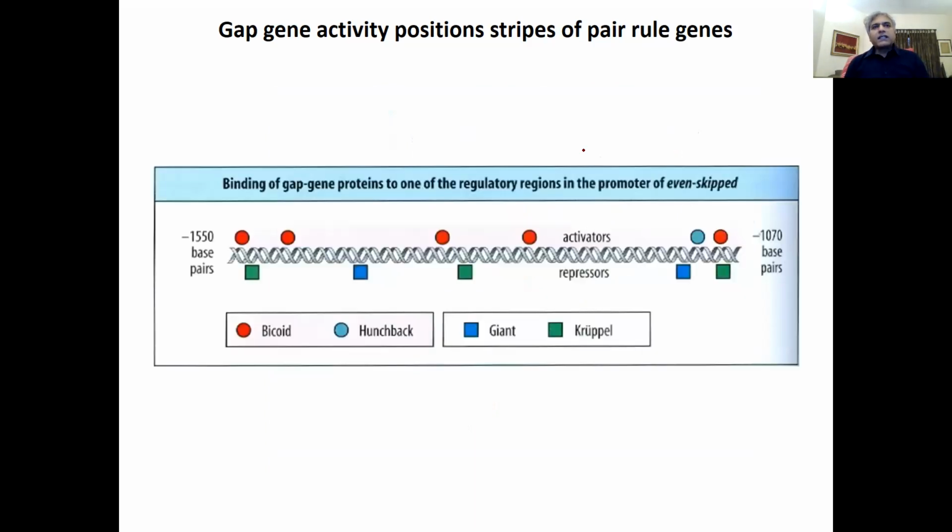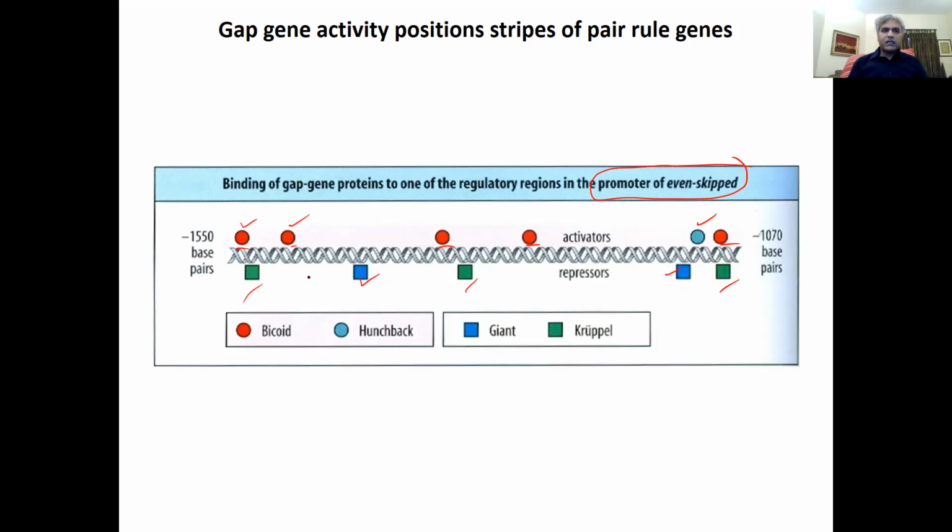And this is the promoter region of even skipped. You see there is a Bicoid DNA binding site, this one, this one, this one. Then hunchback, and then you have giant and Krüppel binding sites. The coordinated, combinatorial action of these transcription factors, which involve maternal effect and gap genes, makes it possible.